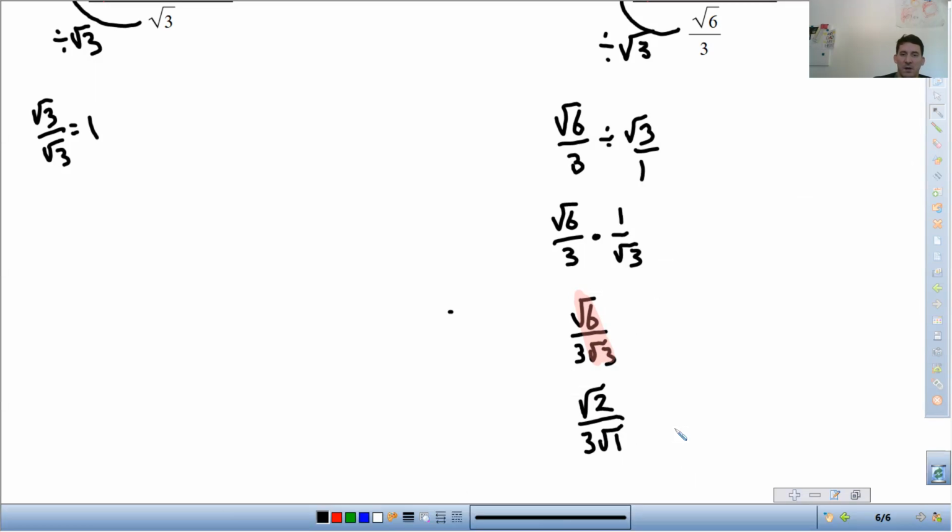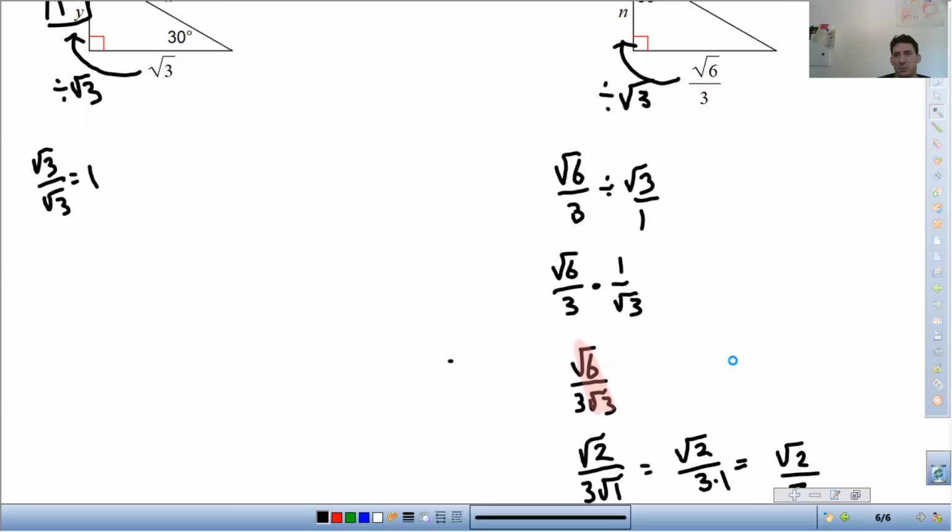Square root of 1 is just 1, so we get root 2 over 3, or 3 times 1. So it's root 2 over 3.